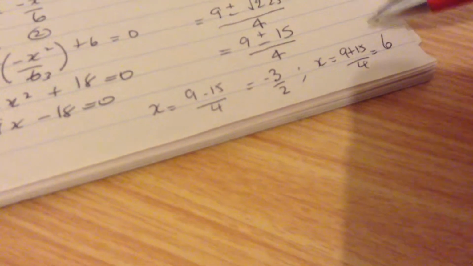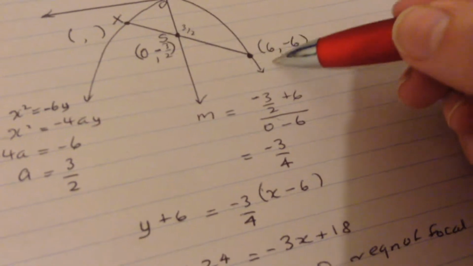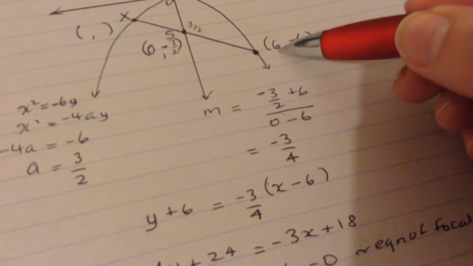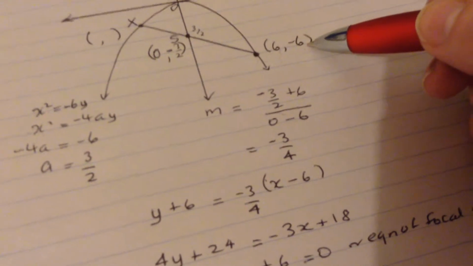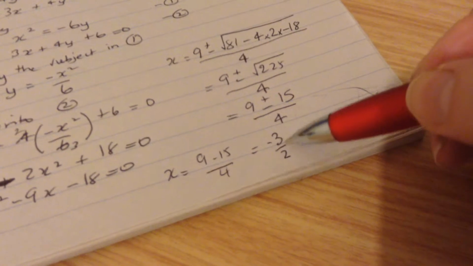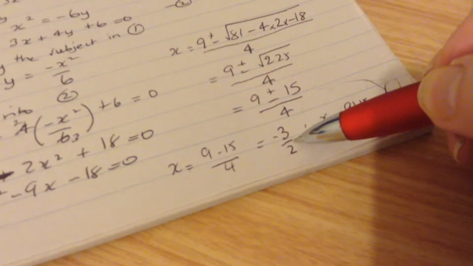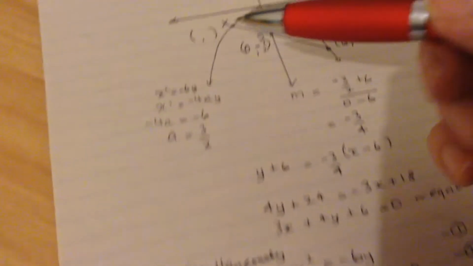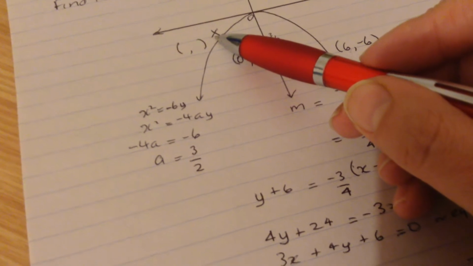Now, if you look at this x value, the 6, you've got it here already. It's obviously this one here. This is one of the points of intersection, (6, -6). We're not going to find the y value because you know it's going to be minus 6. So let's now find the y value of minus 3 on 2. X equals minus 3 on 2 happens to be the x value of the coordinates of X.